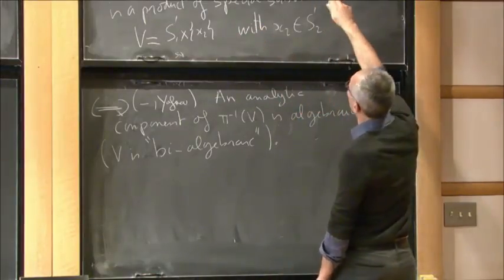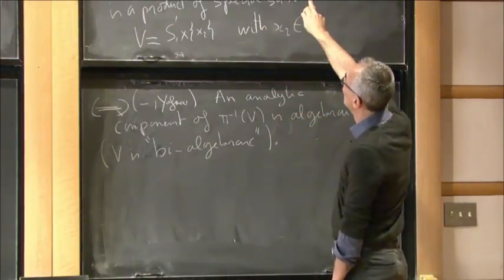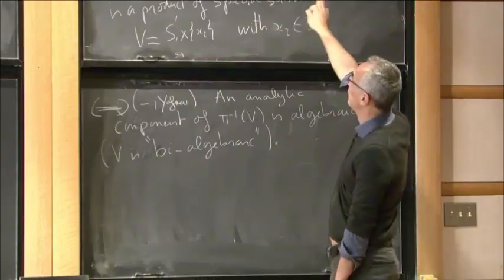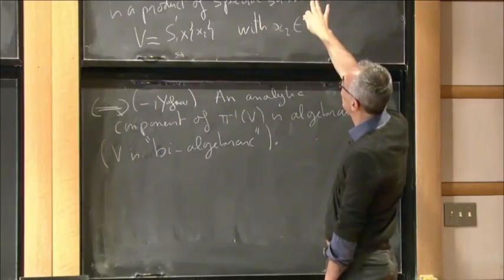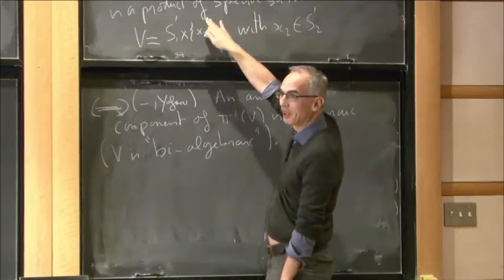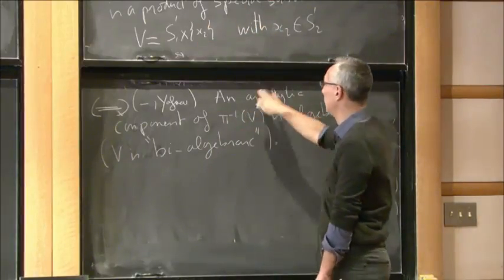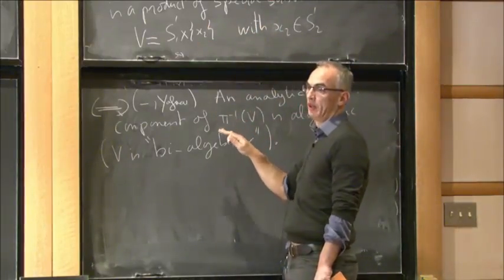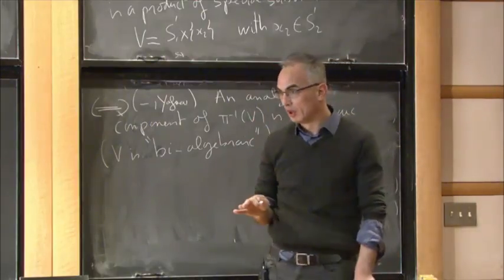So let V be an algebraic variety. The following three are equivalent. V is totally geodesic, or V is a product or a special subvariety, or V is somehow bi-algebraic. So it's three ways of saying the same thing.